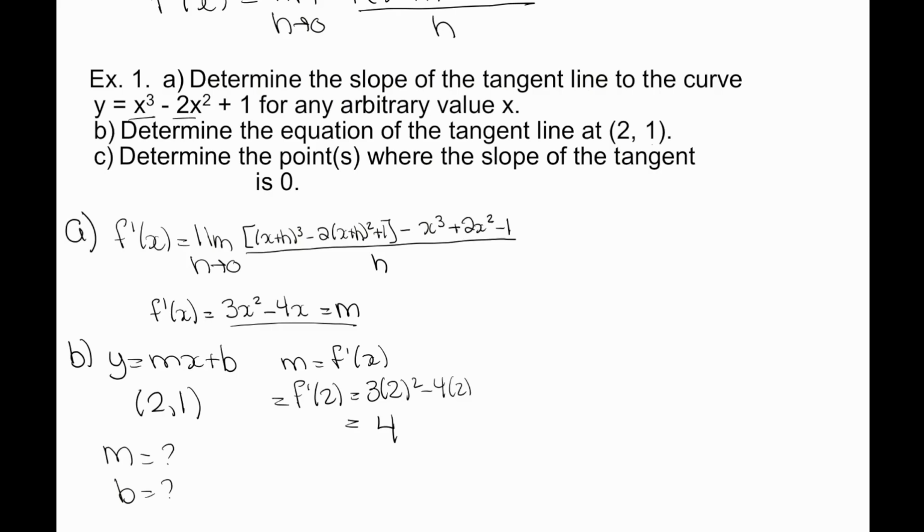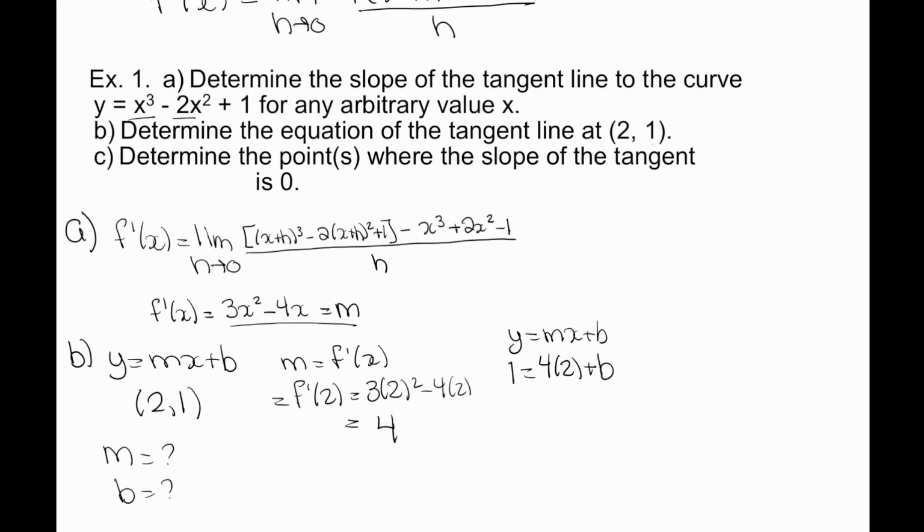I can now take this and sub this in to y equals mx plus b. So now I know that y equals 4x plus b. I also know that my y is 1 when x is 2. So now I have 4 times 2 when x is 2 plus b.